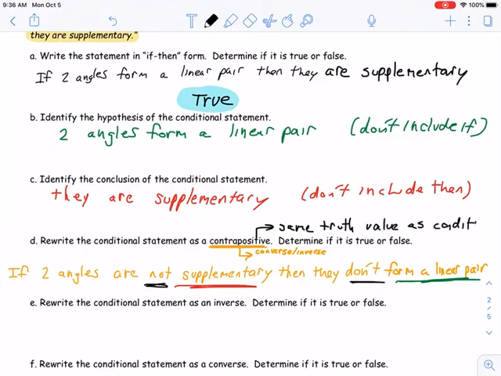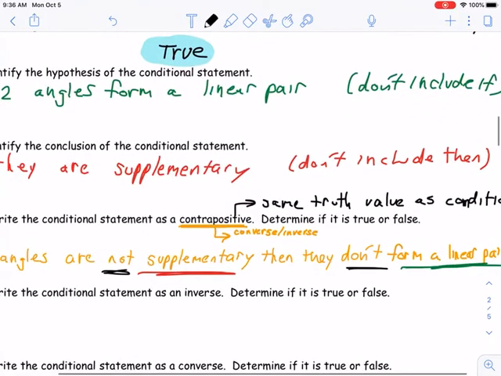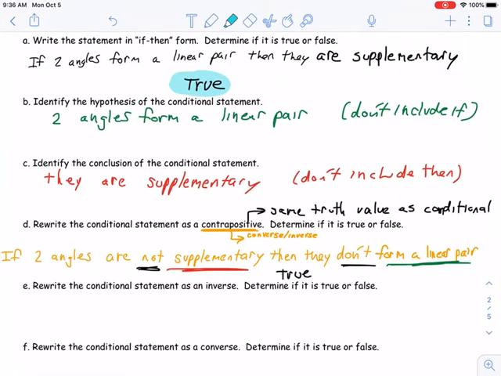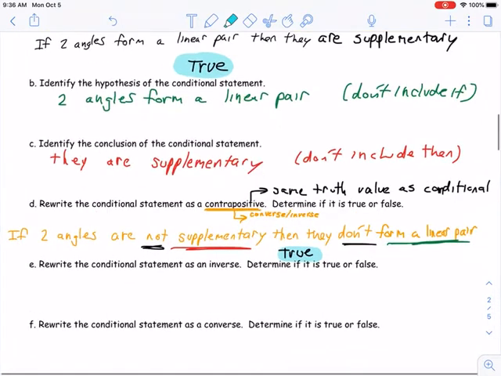So the original statement. It's the same truth value. So this statement is also true. If they're not supplementary, so that means that we have two angles that don't add up to 180 degrees, then they don't form a linear pair. Well, that's true. They can't form a linear pair if they don't add up to 180.